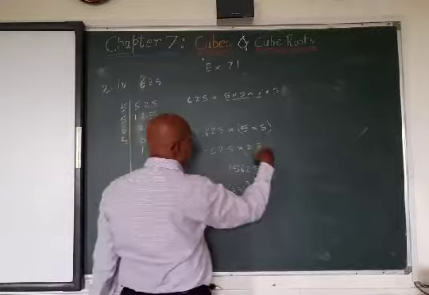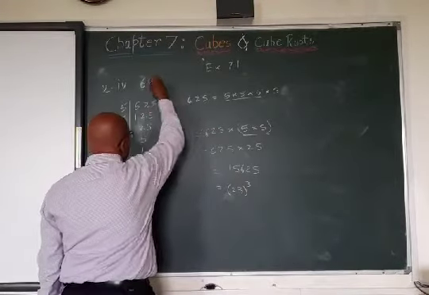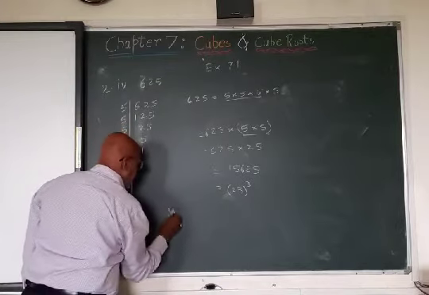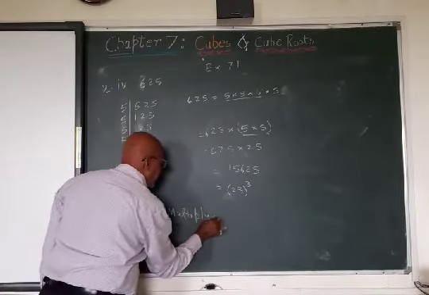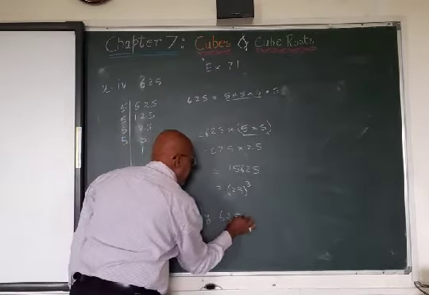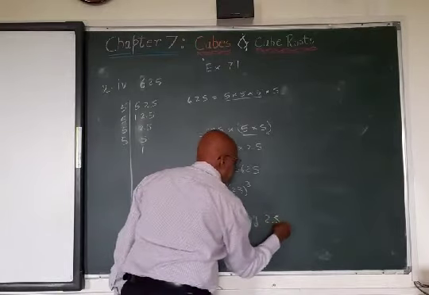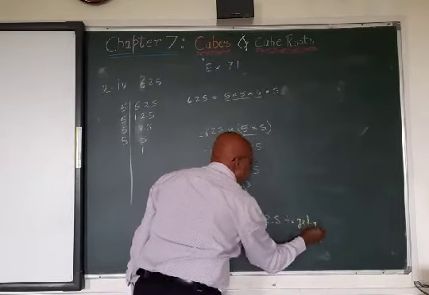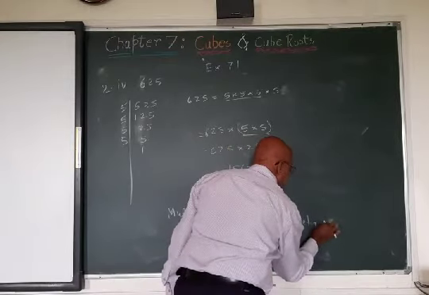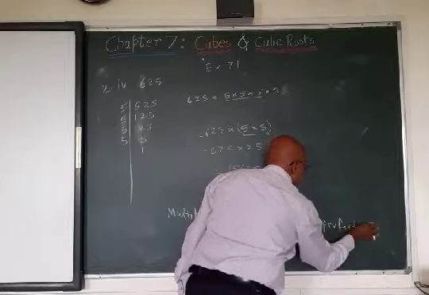So we need to multiply 625 by 25 to get a perfect cube.